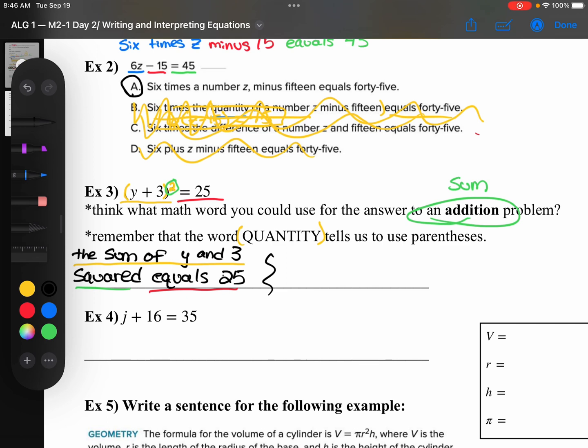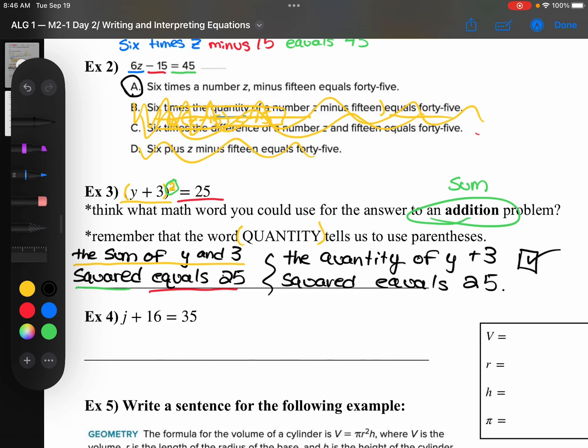And so I could also write the quantity of y plus 3 squared equals 25. Okay, those are both totally correct answers that you could have for example 3.